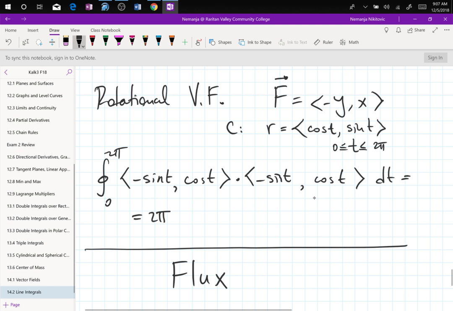Maybe it's worthwhile to just take a look a little bit at the beautiful pictures they give you in the book. Ta-da! Look at that. Circulation. They give you the vector field, oriented curve. You see it's a counterclockwise oriented curve.